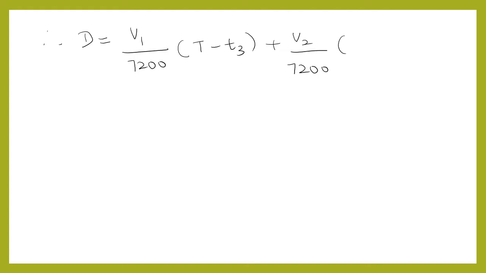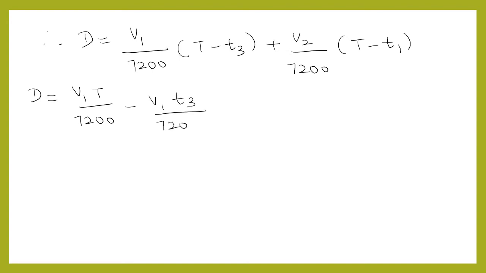Substituting this in the equation of D, we get D equal to V1 by 7200 into T minus T3 plus V2 by 7200 into T minus T1, that is D equal to V1T by 7200 minus V1T3 by 7200 plus V2T by 7200 minus V2T1 by 7200.